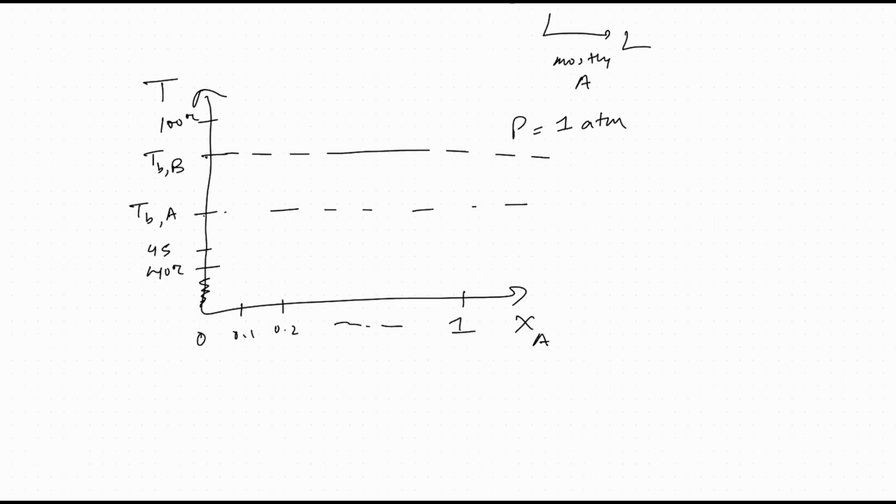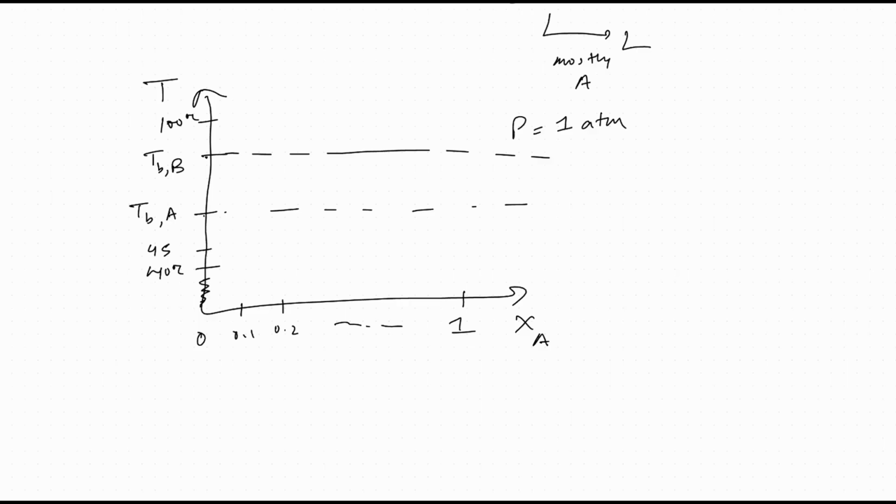So what we basically want to do is show the division between vapor and liquid. And so imagine we have a species that is pure B, right? So that means XA equals 0. Well, it's going to be liquid, liquid, liquid until we reach the boiling point of B, and then it's going to turn into vapor.